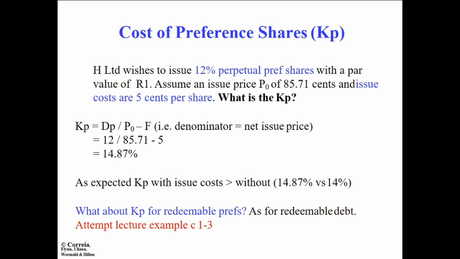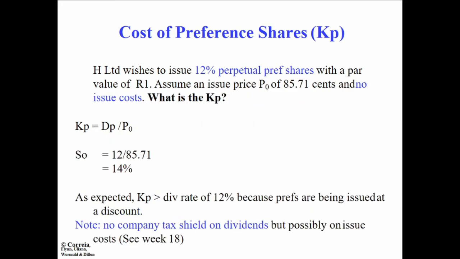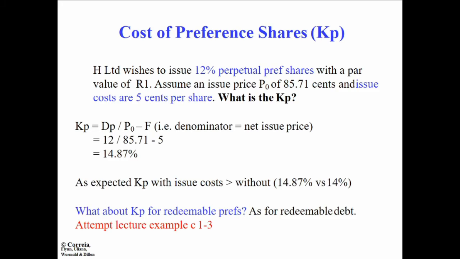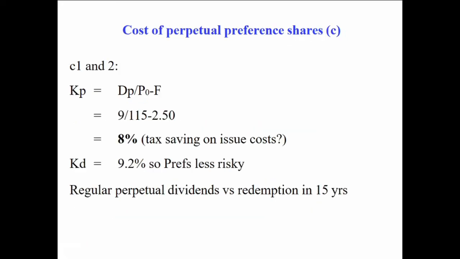So here, when we had issue costs of 5 cents per share, the cost of the preference share is 14.87%, whereas when we looked at the example here with no issue costs, the cost of the preference share we got was 14%. Now what happens if we have a situation where we have redeemable preference shares? How will we determine the cost of these preference shares? And this is very similar to how we do it for redeemable debt. So let's have a look at an example.